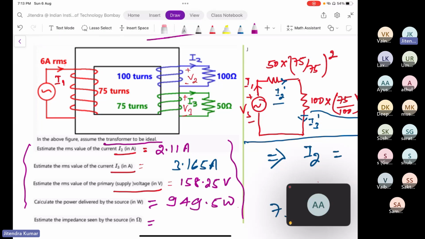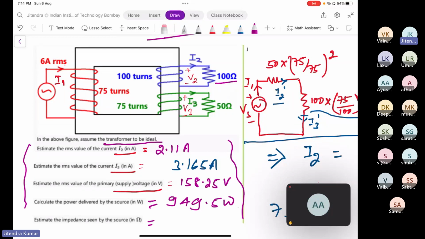So we will go ahead with the last part and try to evaluate the impedance seen from the source side. We will refer this 100 ohm and this 50 ohm.